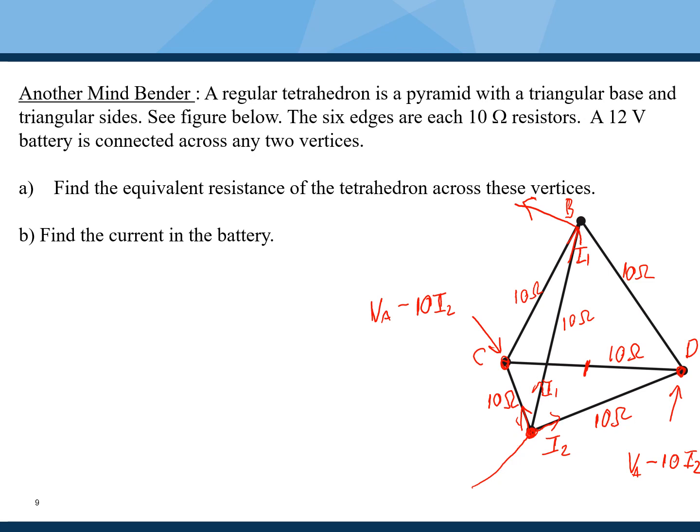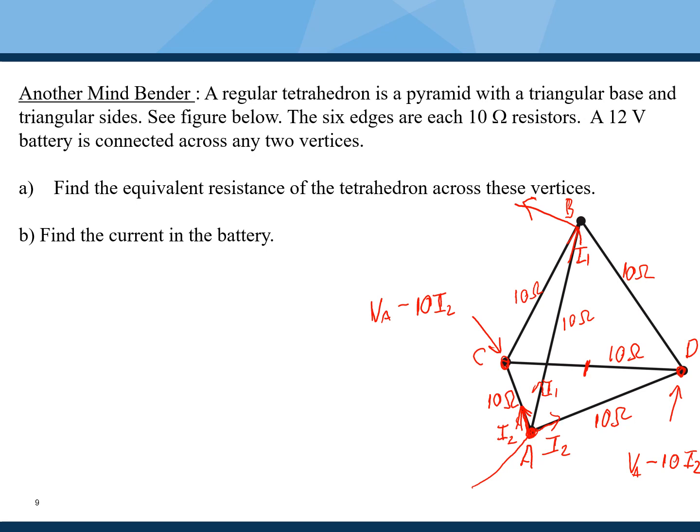I'll label this point A, and I will call this current I2 from the leg A to C. And we already have I2 nicely labeled from the point A to D. So we understand that from the symmetry of the situation, we have a current I1 through the point A to B, and we have I2 from A to C and I2 from A to D.